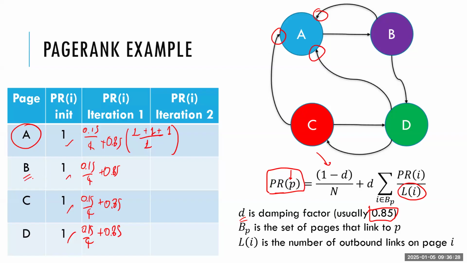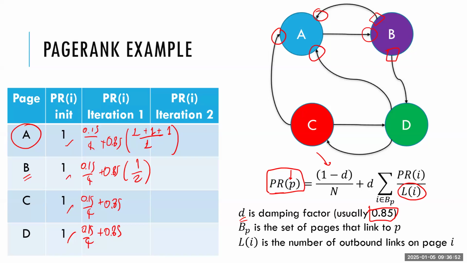For B, there is only 1 inbound link, so you only have 1, and B has 2 outbound links, so it's 1 over 2. So this is the score for page B at the end of the first iteration.